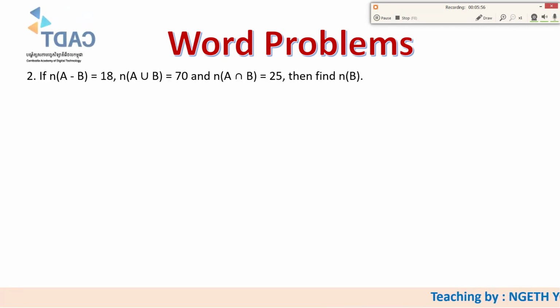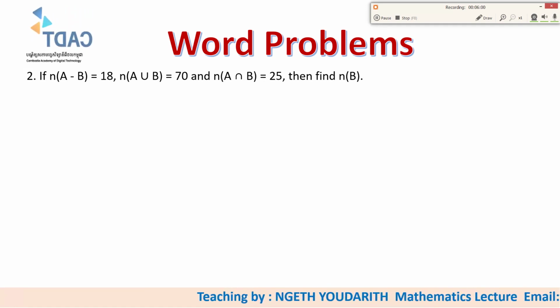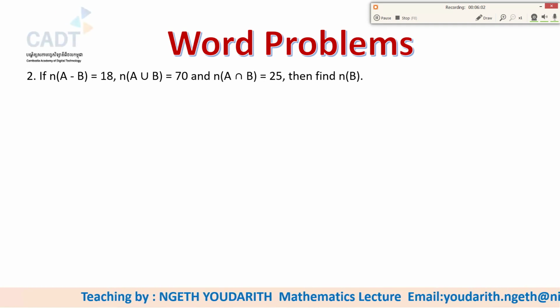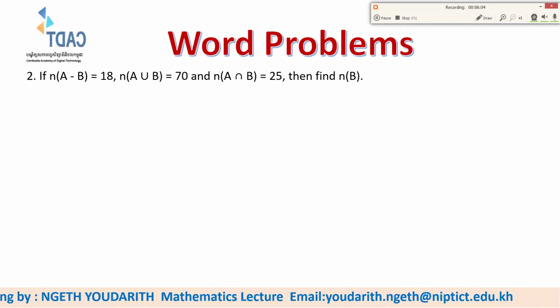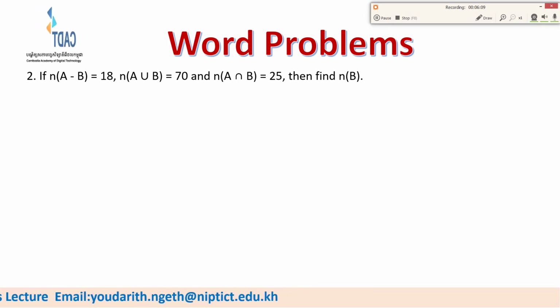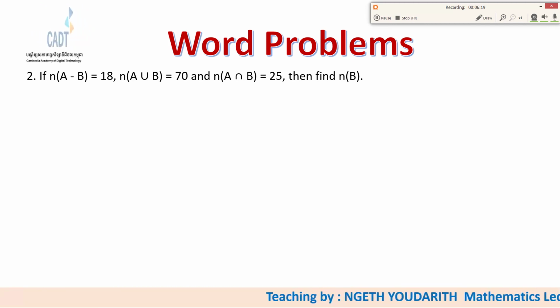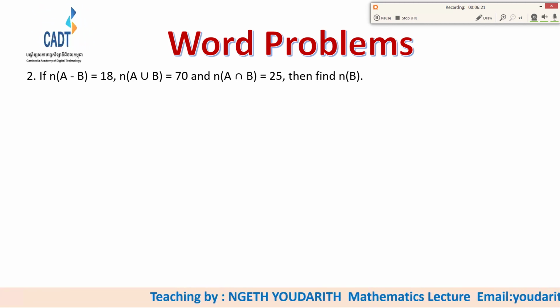Now point two. If n(A union B) equals 70 and n(A intersection B) equals 25, then find n(B).